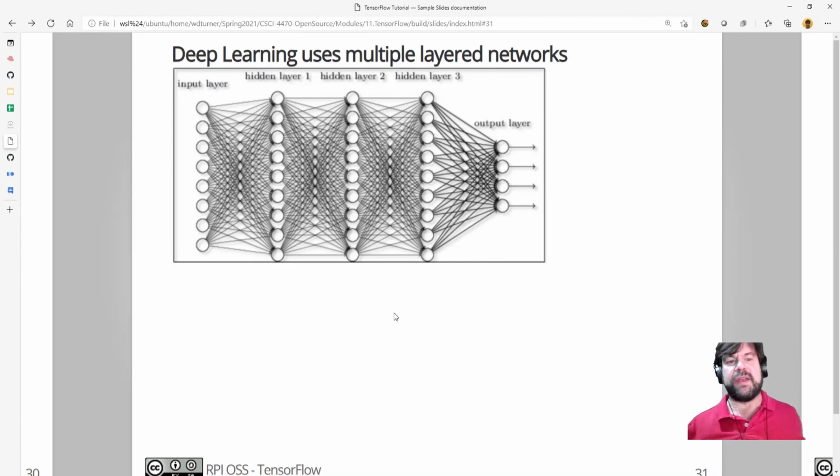Deep learning, right? Simple neural networks have one layer. Deep learning can have multiple layers and multiple interconnection patterns. This one shows 3 hidden layers, right? You have your input layer here with 8 inputs. And then we have hidden layers of 9 nodes.